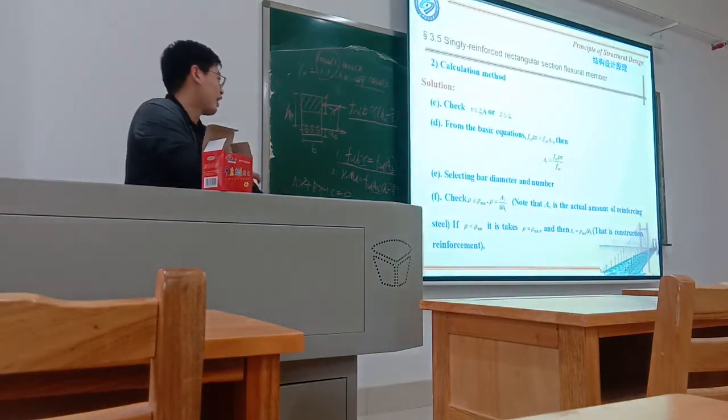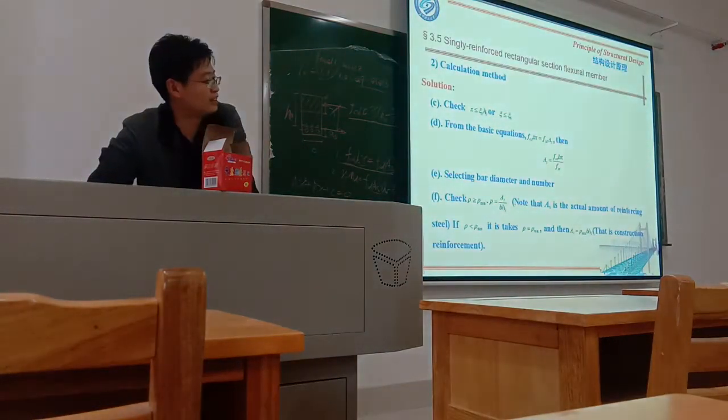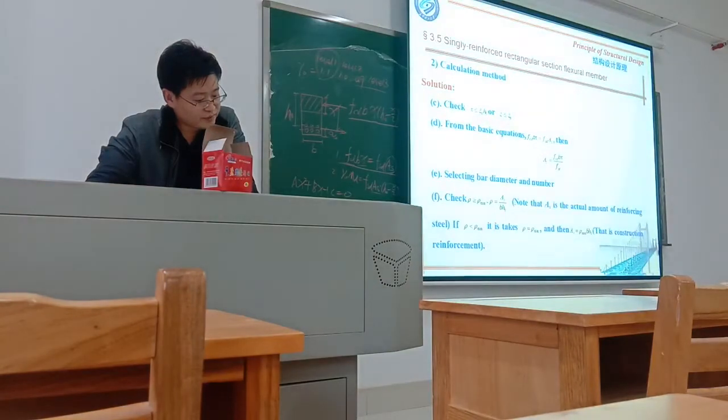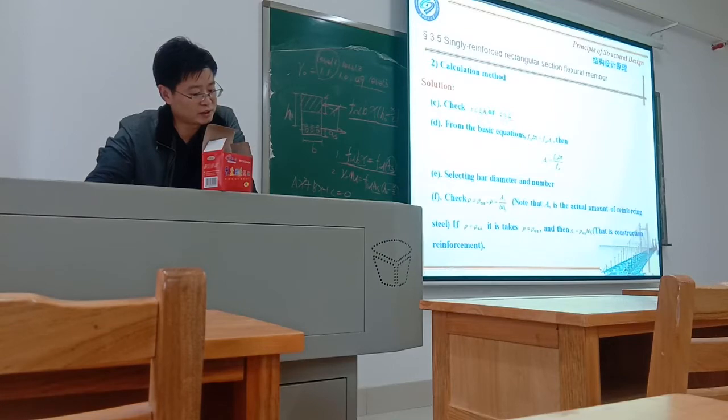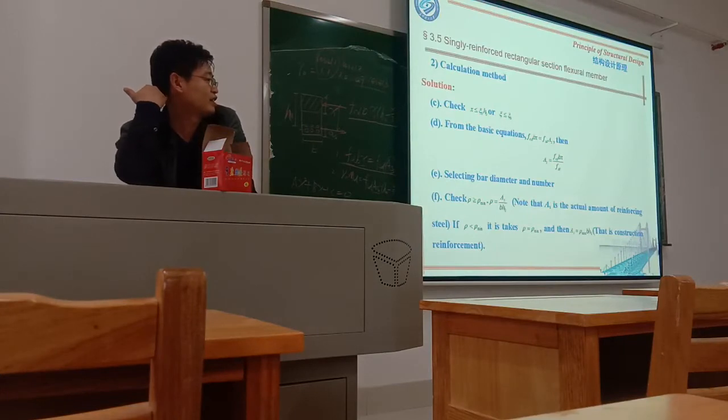So once we got X, the compression height, then normally we need to do this step, check if X is smaller than KCB H0, or KC smaller than KCB. So what's the meaning of this? Why we check these things? Why we check this? Remember?